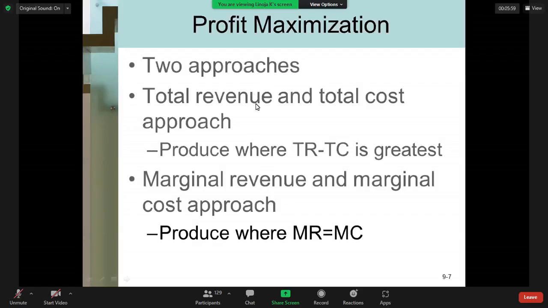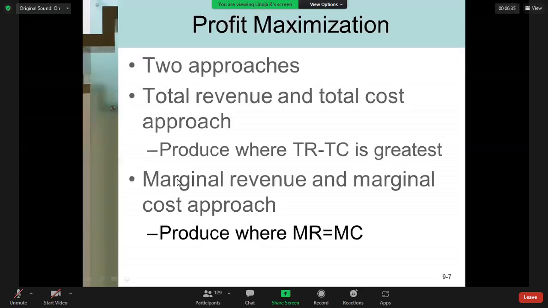So in the first approach, the total revenue and total cost approach, produce where total revenue minus total cost is greatest. This is the condition you have to note. Whenever the difference between total revenue and total cost is greatest, we say that is the profit maximizing condition.